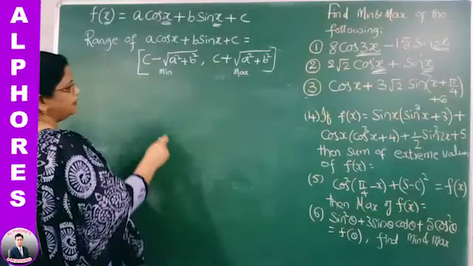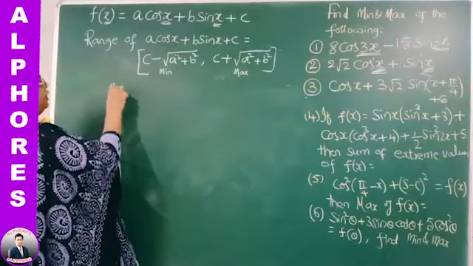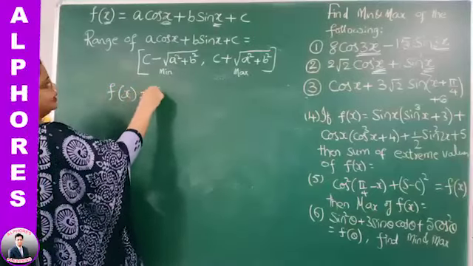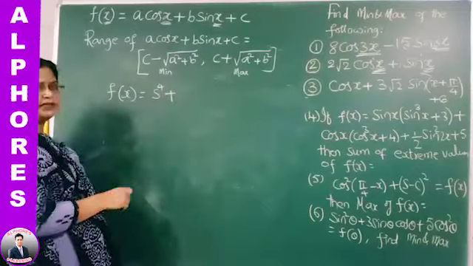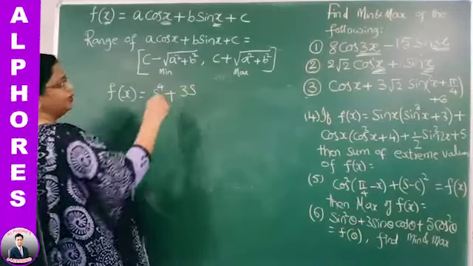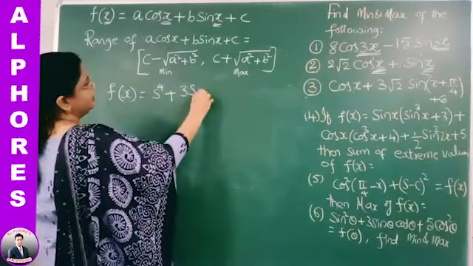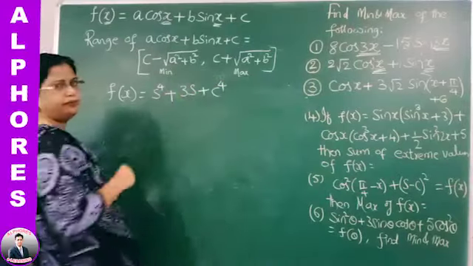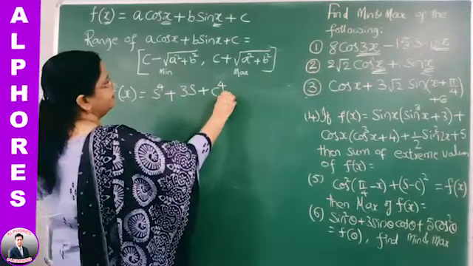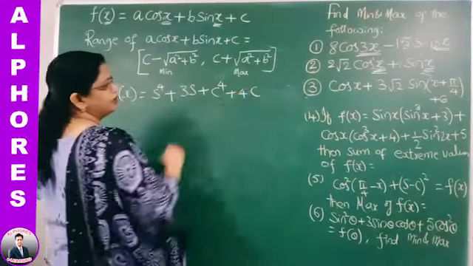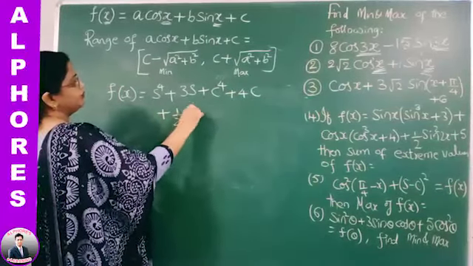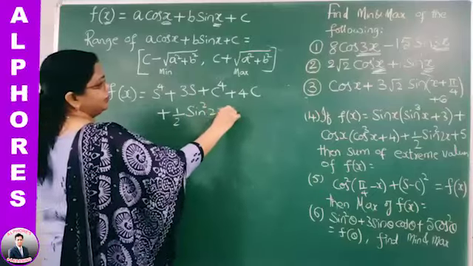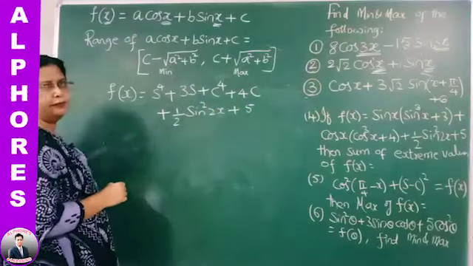Now let us have f of x equal to, first I am taking sin to the power of 4, right? And after that plus 3 sin x. Got it? 3 sin x, and next plus cos to the power of 4, right? And next plus 4 cos x, and next you have plus half sin square 2x, and then it is nothing but 5. Got it?